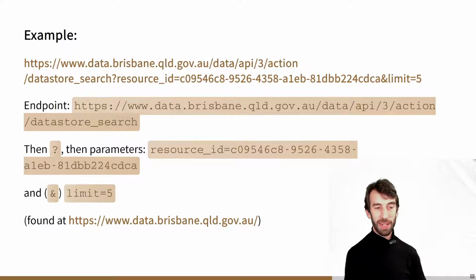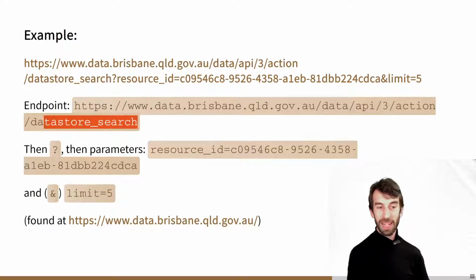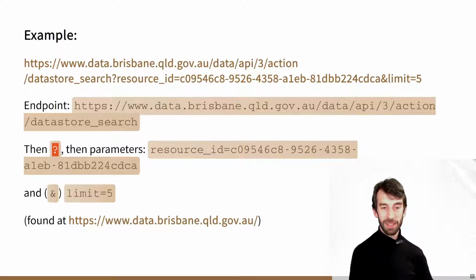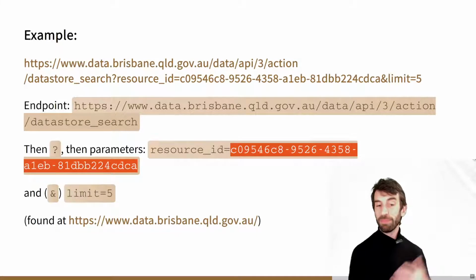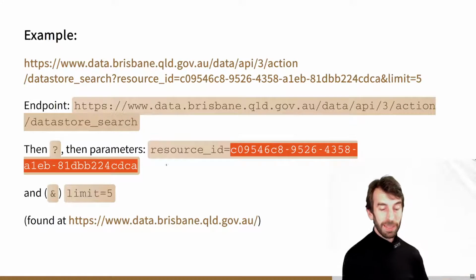And then there's a question mark, and then there's some parameters. So the endpoint is datastore_search. That sort of suggests that we're just searching for some data. Then our parameters after the question mark is resource ID equals this, blah, which relates to a particular kind of data within this big data store.